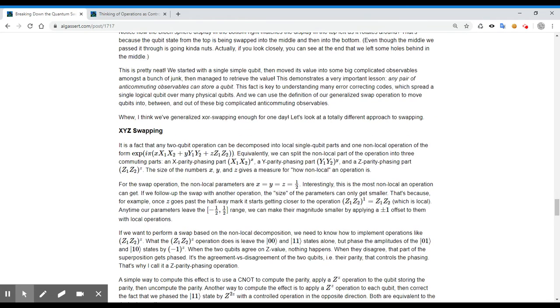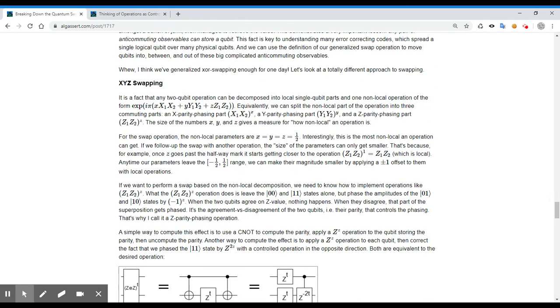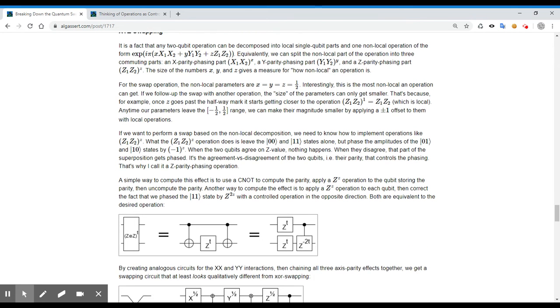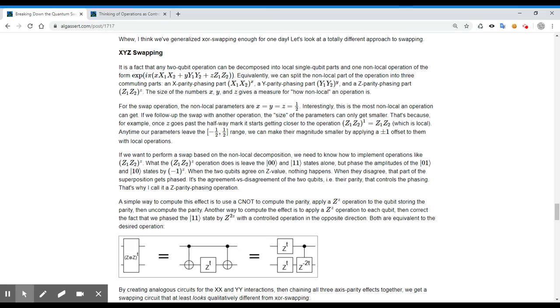XYZ swapping. It is a fact that any two qubit operation can be decomposed into local single qubit parts and one non-local operation of the form.